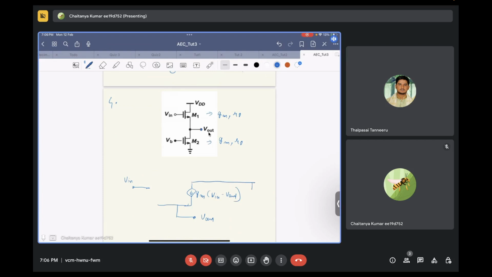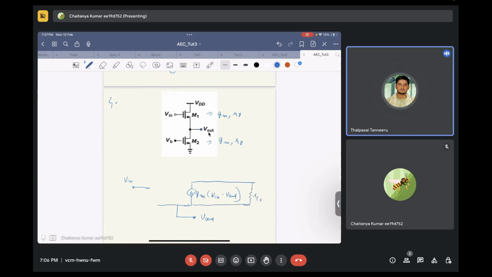And we have output resistance of r_o1. And here it is grounded.